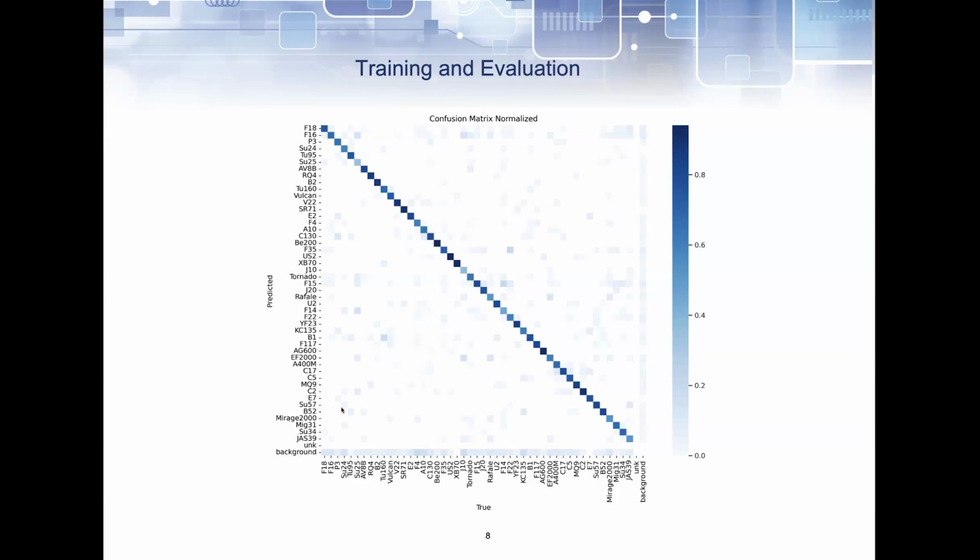For example, if you look at this square over my cursor, this is a case where the actual label was SU25, but our model predicted F14. So you get all of this information comparing each class to each other. And along the diagonal are the correct identifications, if that makes sense.